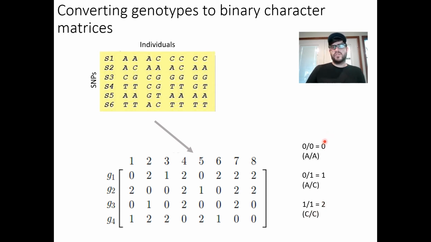We use these 0s, 1s, and 2s to denote the genotypes. So we could convert this file from A's, T's, C's, and G's to a single number for each individual, where a 0 would be homozygous reference, a 1 would be heterozygous, and a 2 would be homozygous alternative. And then we can use this character matrix, in this case 0s, 1s, and 2s, to run downstream statistics.